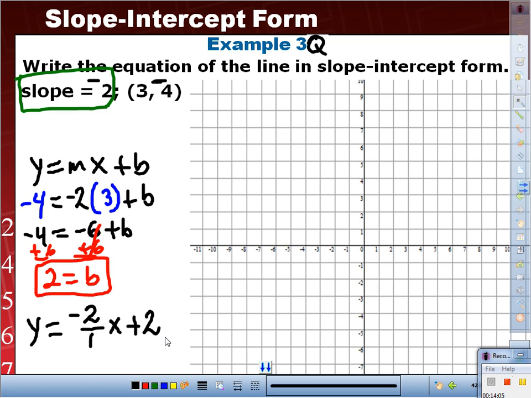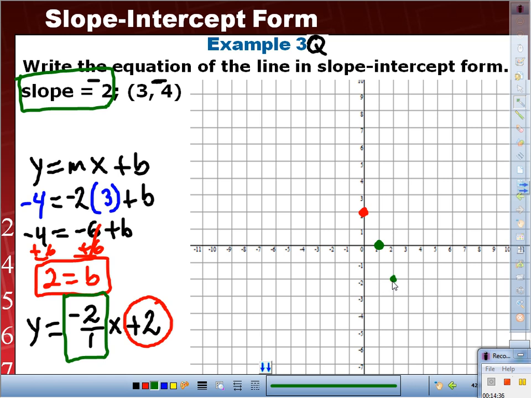Okay. Next, let's graph this. Where do I start? I start with my y-intercept. That means on the y-axis we're at positive 2, which is right here. Next, I'm going to use my slope to plot points. The rise over run says that I go down 2 steps and 1 to the right. So from here I go 1, 2, 1 to the right. I plot my point, and I do it again.